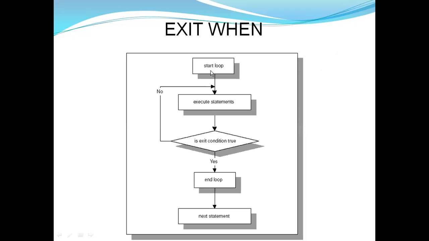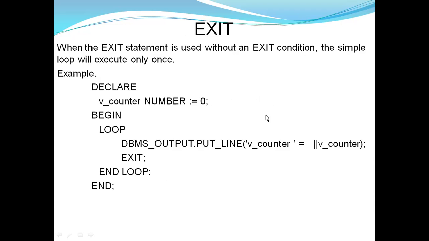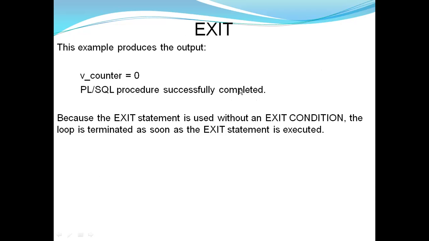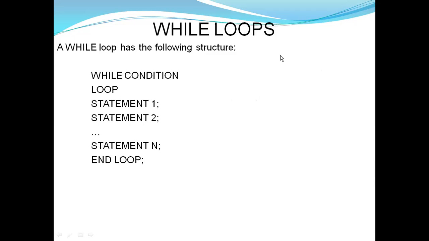Let's move ahead. How it works? That we have already seen also. So this is the flow of that. Exit, we have seen that. Exit also we have seen that. Now while. Now what's a while loop? Only the difference is in simple loop, we give a condition inside the loop.